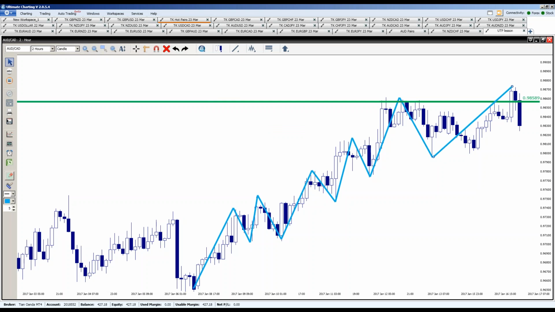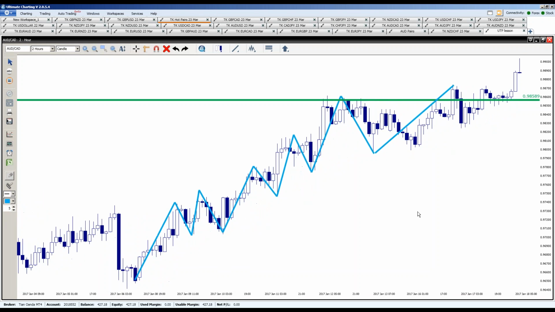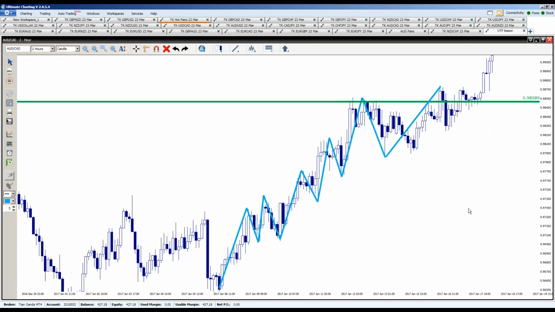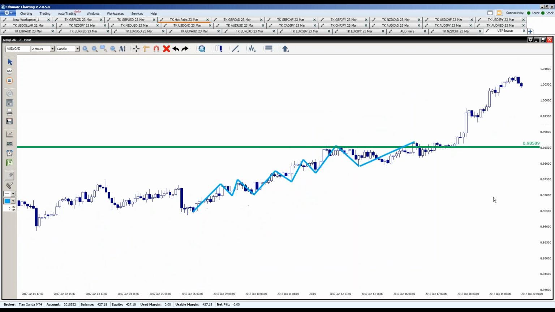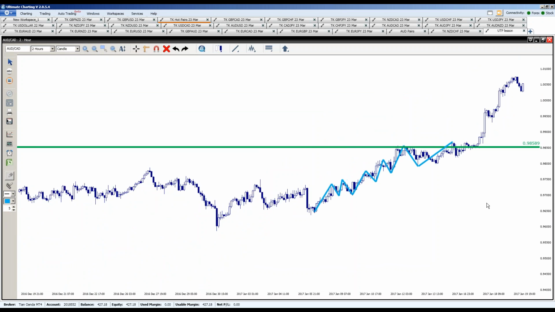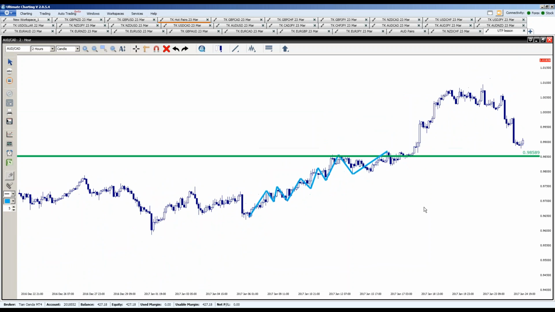And let's see what the market did here. Right, so we have past resistance becoming future support.